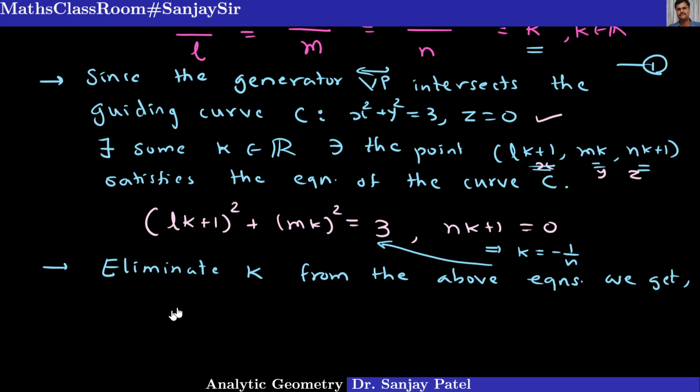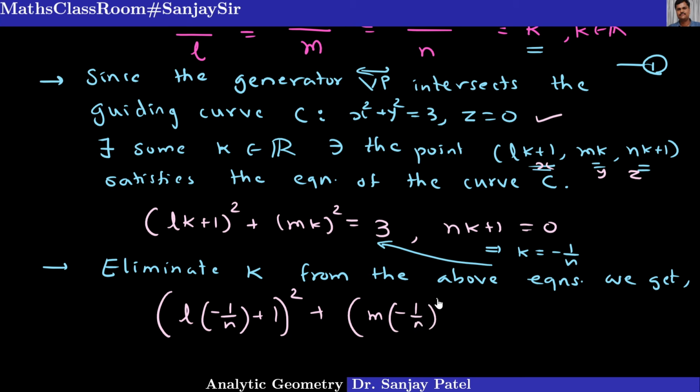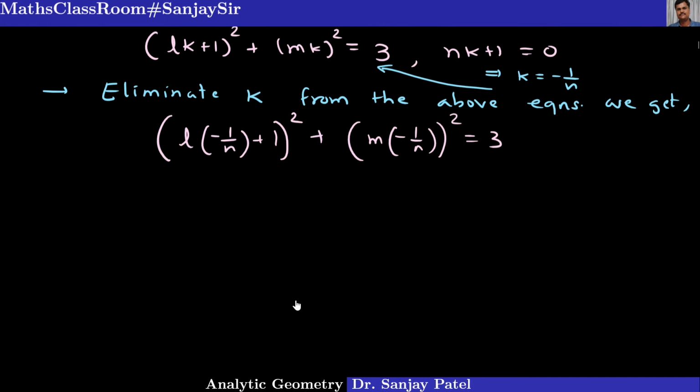So what I will get is this: (l into minus 1 upon n plus 1) whole square plus (m into k, that is minus 1 upon n) whole square equal to 3. So k is removed by finding or eliminating k between these two equations. Okay. Now let us simplify this.